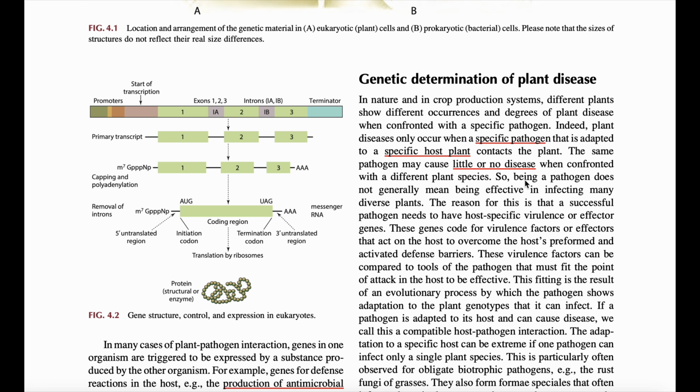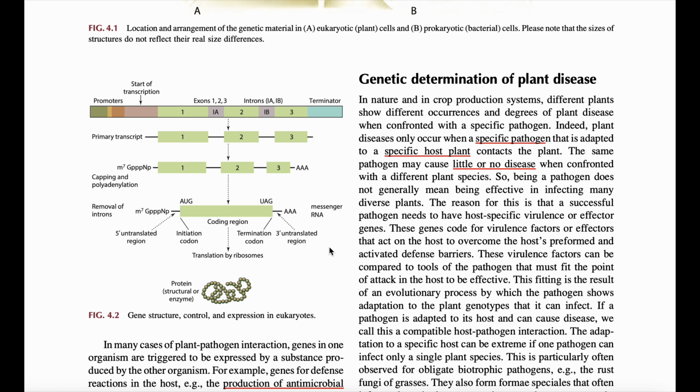Okay, so being a pathogen does not generally mean being effective in infecting many diverse plants. Yes, pathogens are the bad organisms here that attack the crop and make it diseased. But it's not like pathogen A, if it attacks wheat, like Puccinia graminis tritici, is harmful to wheat and wheat only.